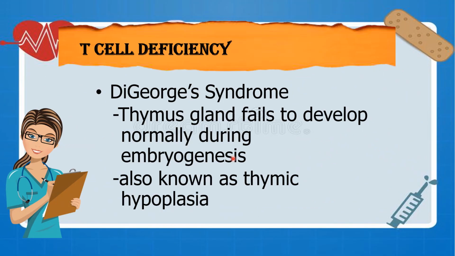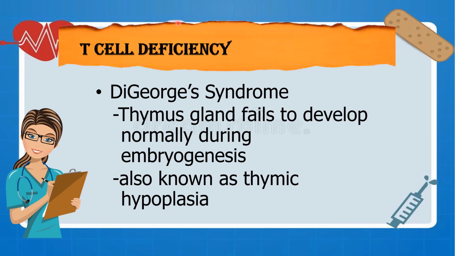Patients with PIDD may also have T-cell deficiency, known as DiGeorge syndrome, which is also known as thymic hypoplasia, wherein the thymus gland fails to develop normally during embryogenesis.